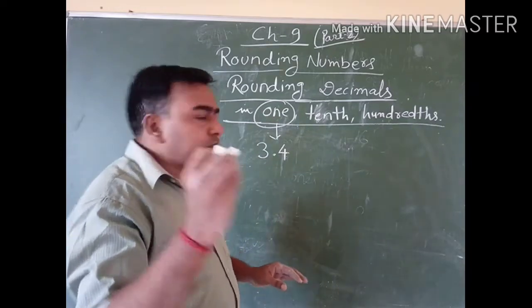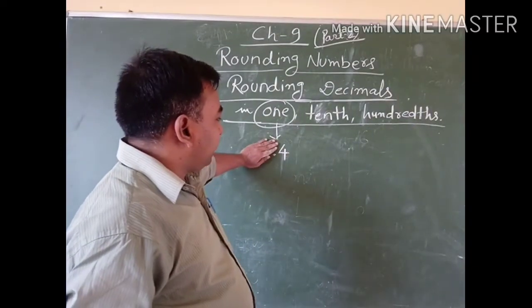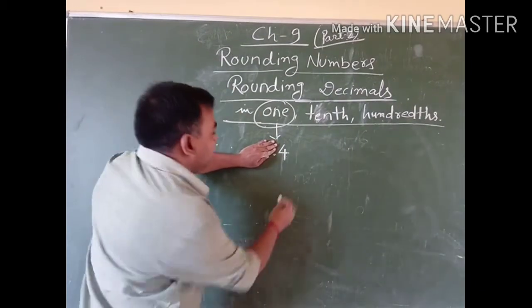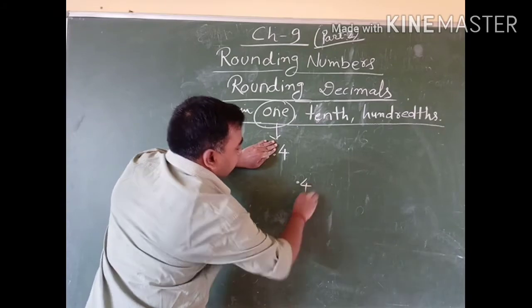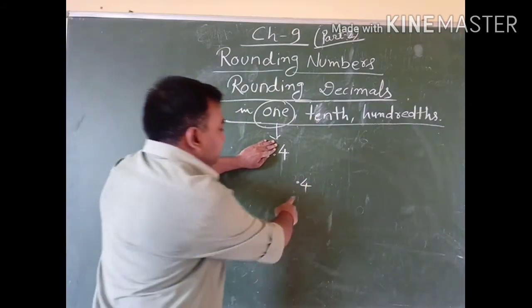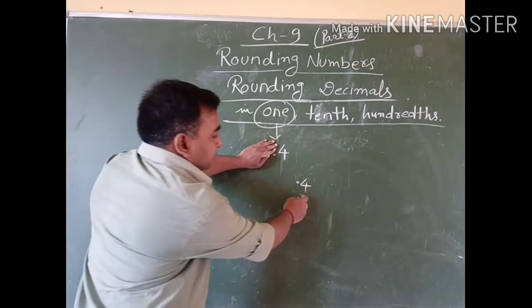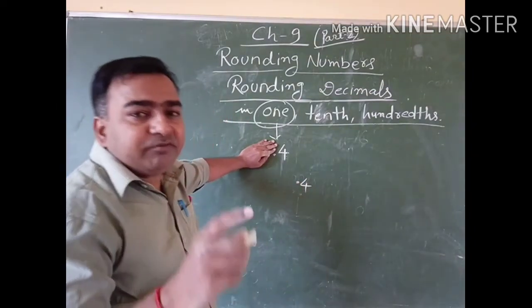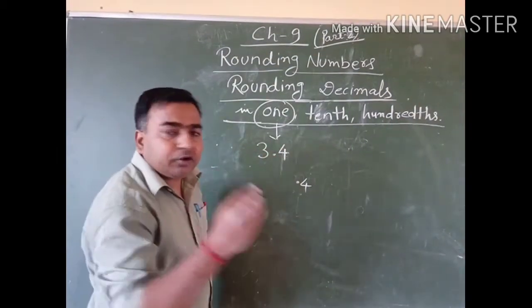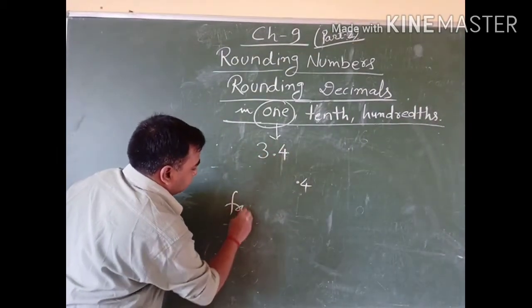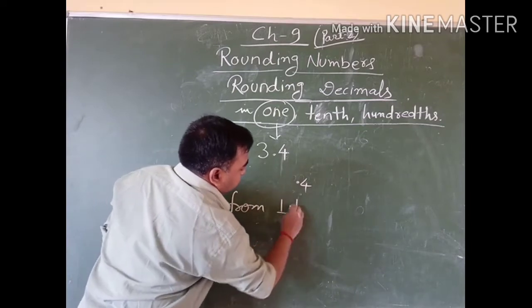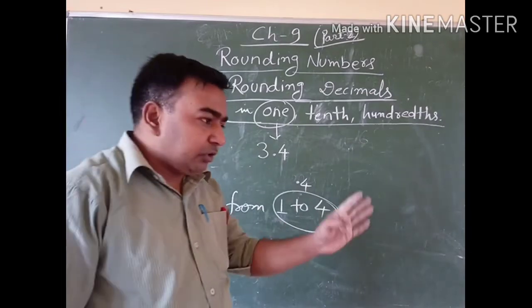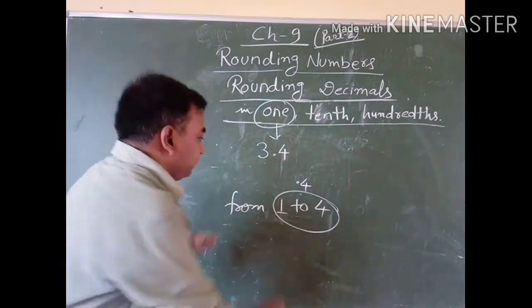Already I told in the discussion class, when we write a number from 1 to 4, we will go backward.